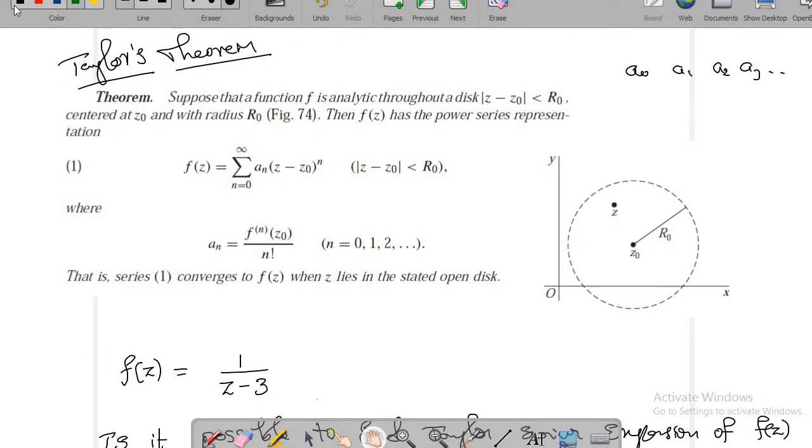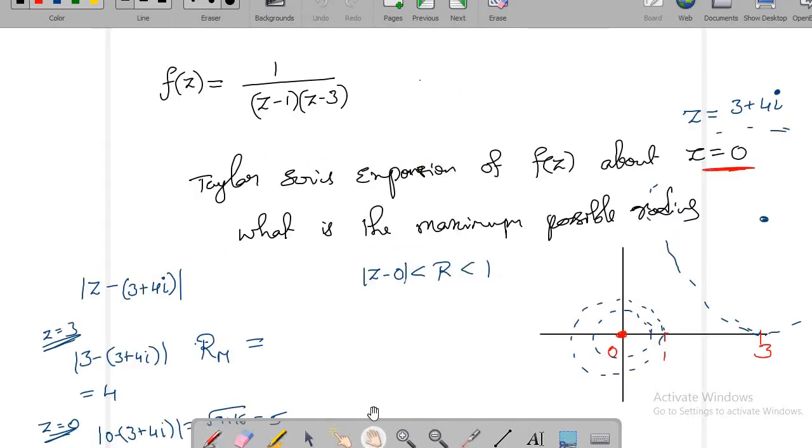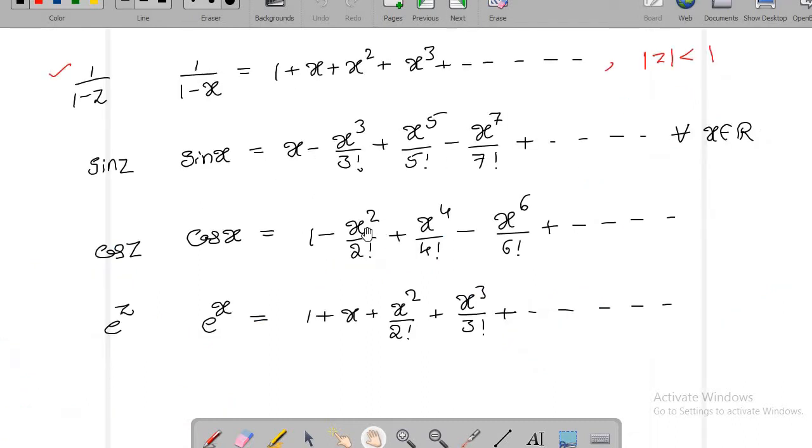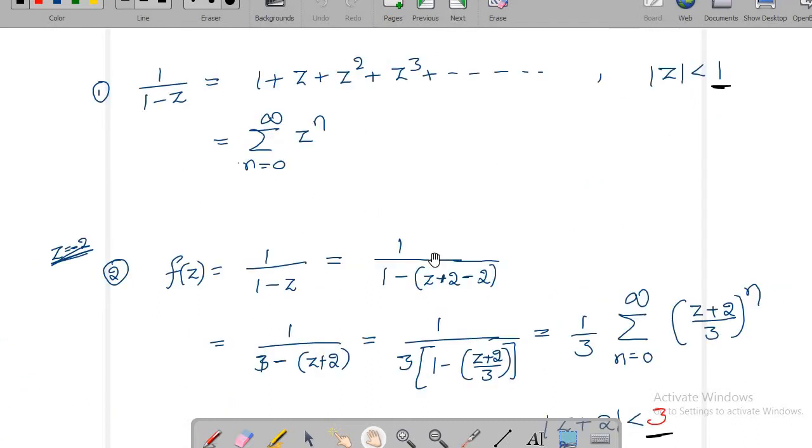Taylor's theorem says that for an analytic function in an open disk, a_n must be equal to the nth derivative at z0 by n factorial.